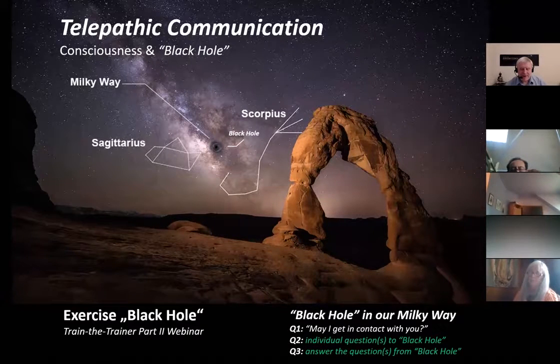We breathe slowly and evenly and step out of our body. We look to the wall in front of us and we see that picture, that image of the Milky Way with that black hole in the center.